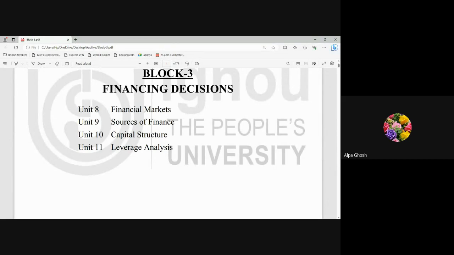The second part, that is unit 9, is the sources of finance. Now, in the financial market, what is available? All the sources of finance, all the products of finance. So for one company, for one investment, for one investor, debt, that is debenture, or long term fund can be a source. For another company, it may be only equity shares.